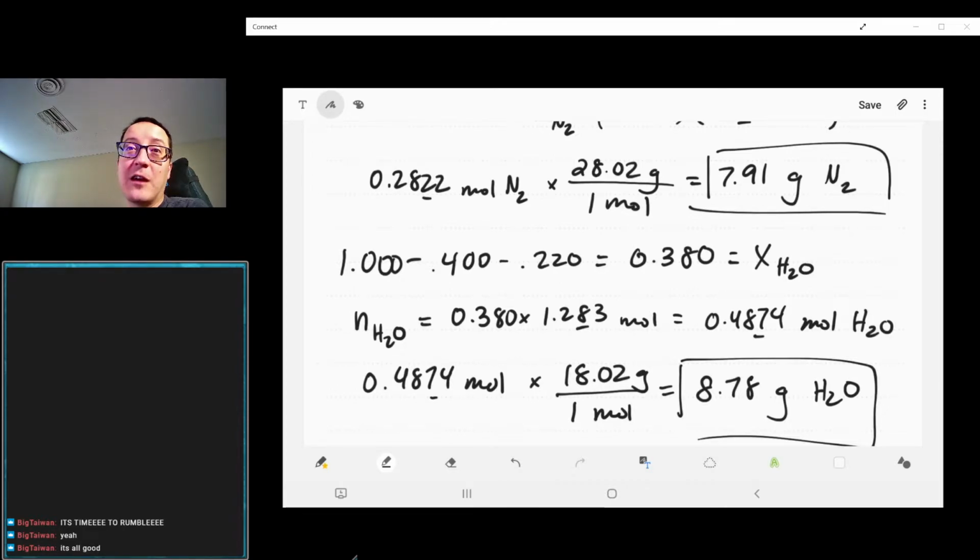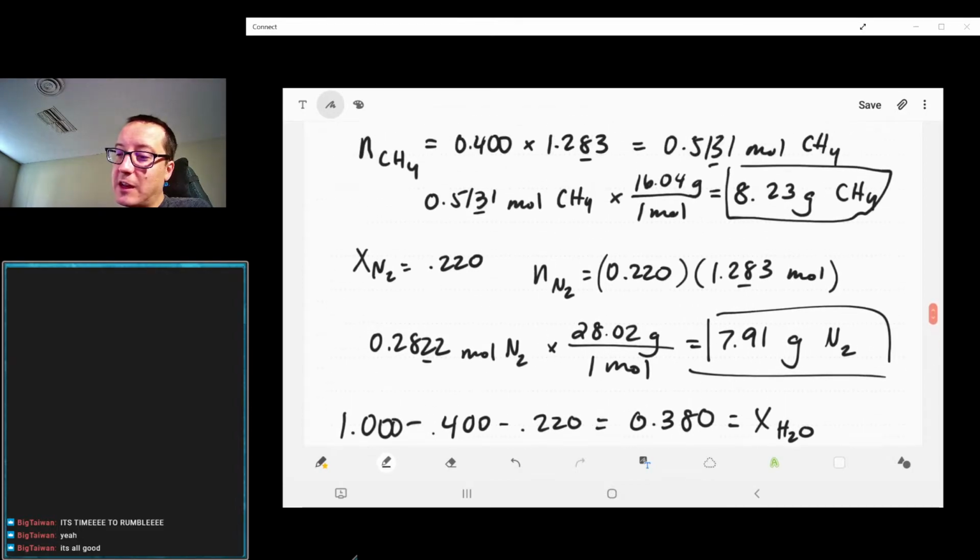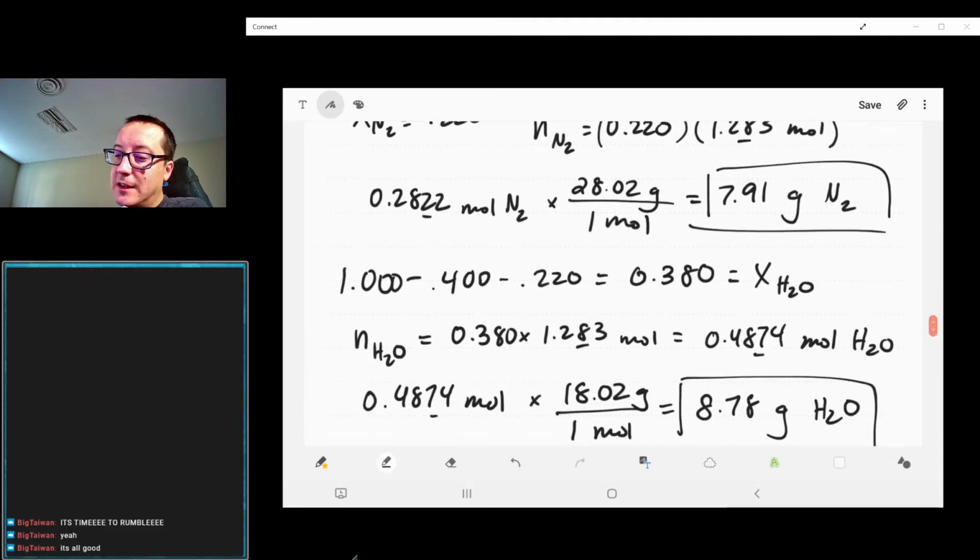If that was the question, which gas is the largest by mass, it would be water in this case, because 8.78 will be the biggest one. If I were to ask you which gas was the biggest by moles, well, that would be methane, right? Because methane was 40% of everything. It's just small little bits here and there I could ask you.